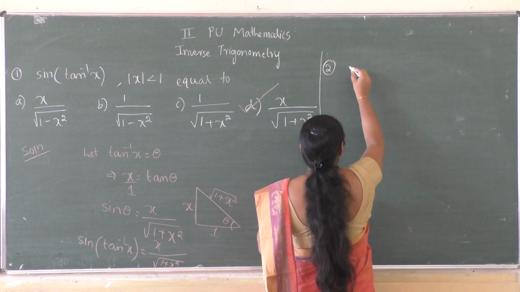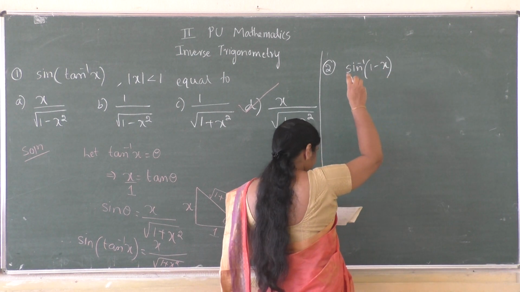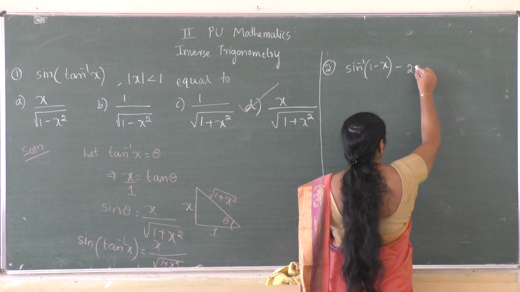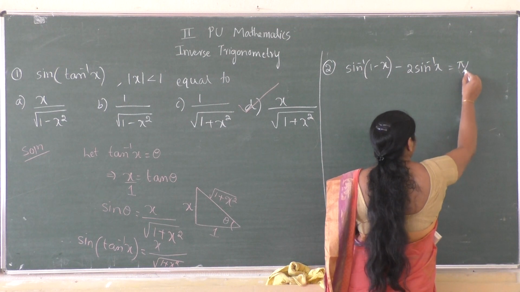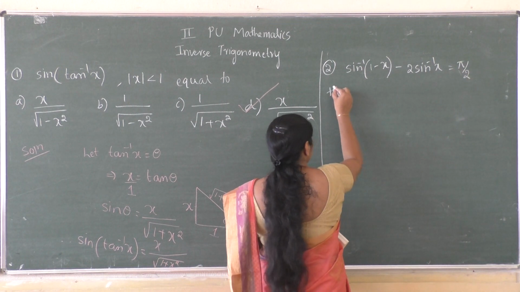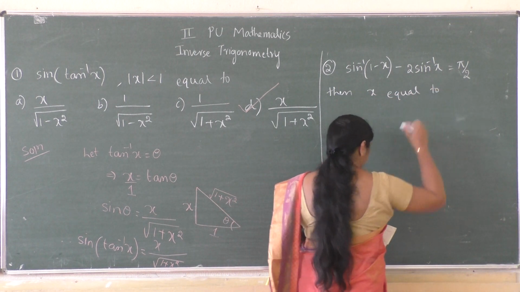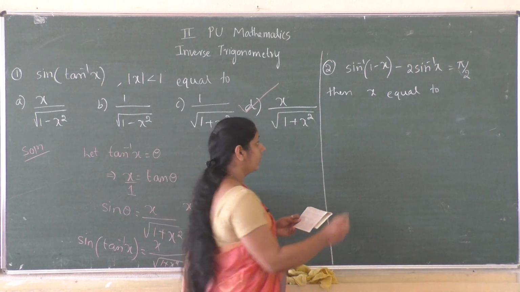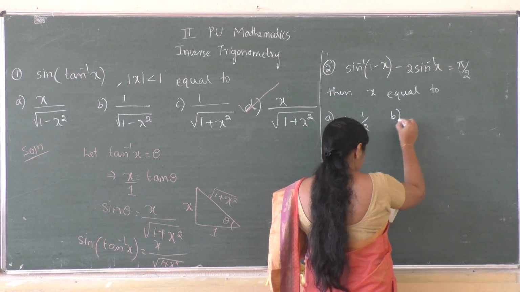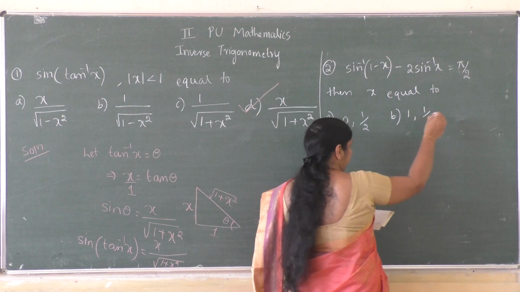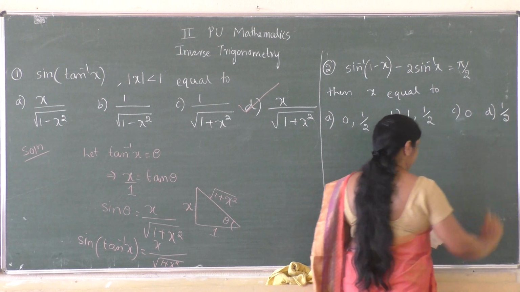Second question. Sin inverse of (1 minus x) minus 2 sin inverse x equal to pi by 2, then x equal to: option A, 0, 1 by 2; option B, 1, 1 by 2; option C, 0; option D, 1 by 2.